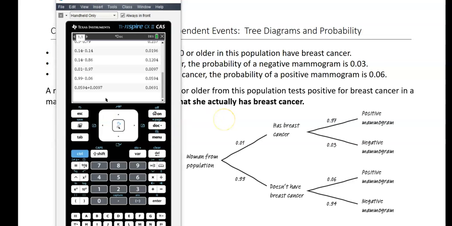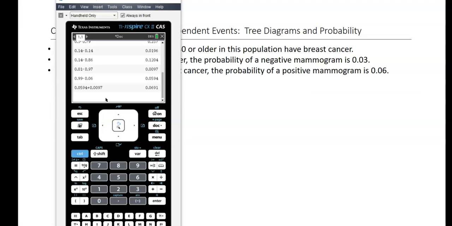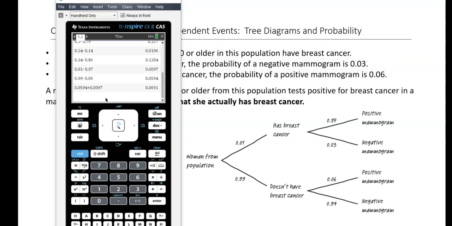Let's read the question again. That she actually has breast cancer. So assuming she tested positive, out of that 6.91%, what percent actually has breast cancer? That first number, 0.0097, is the ones that test positive and actually have it.